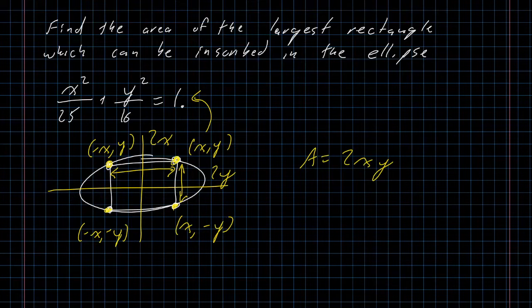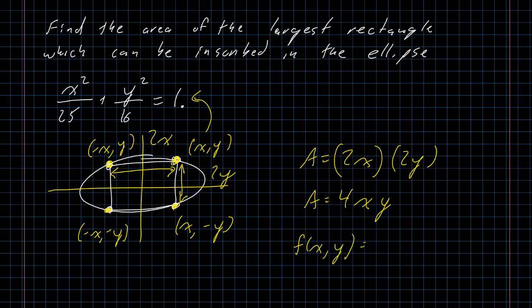So the area of this rectangle is, writing things faster than I'm talking, 2x times 2y, which is 4 times x times y.